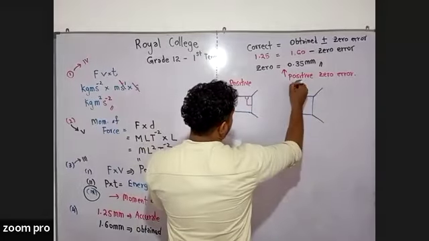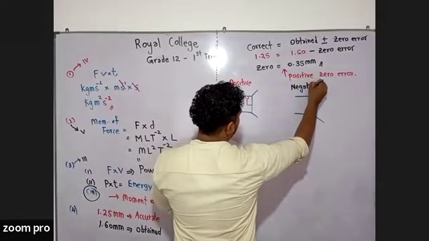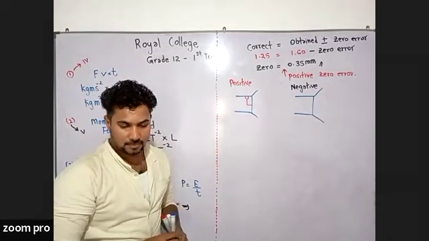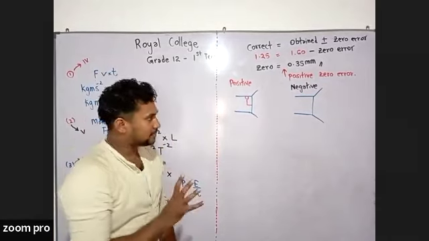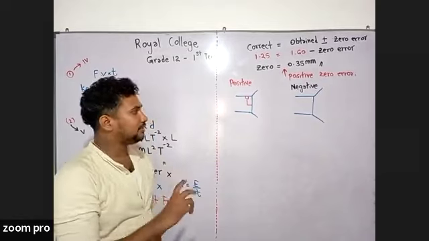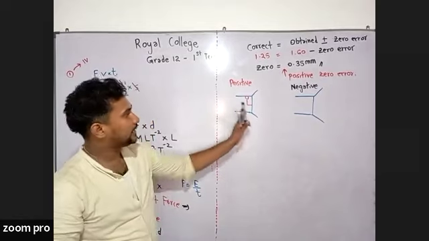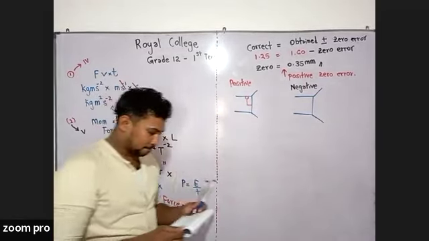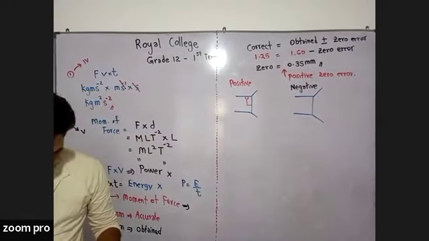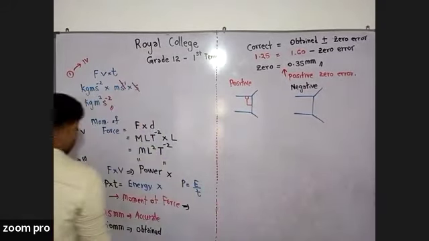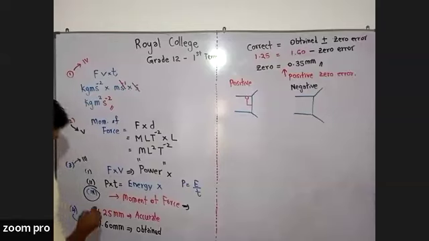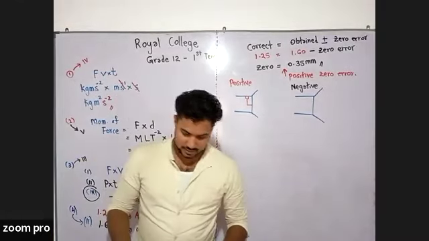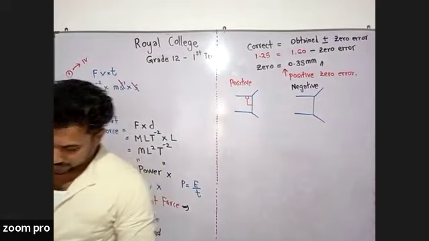So if there's a negative zero error, you can't find the zero division of the main scale, right? So by looking at the diagram, you should have an idea to select whether it is a positive or negative. So that's the way that we select whether it's a positive or negative, right? So then the correct answer should be the second one, right? Just refresh your knowledge regarding those stuffs, right? So that's the purpose of discussion of this paper, right?